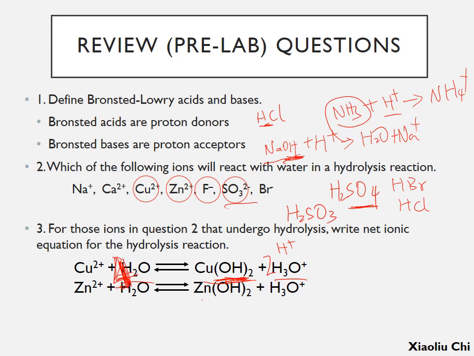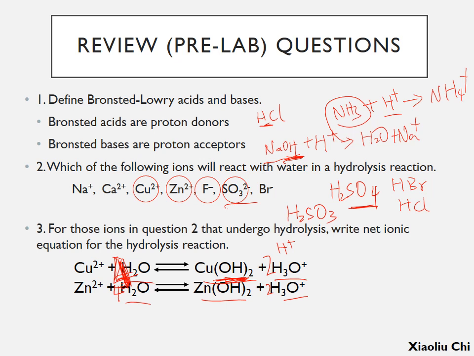So go back to weak base, and again it takes 2 hydroxide, so you need 2 water, but because we form hydrogen ion instead of hydroxide, you need 2 more water. So again this is 4, okay, and this is 2.